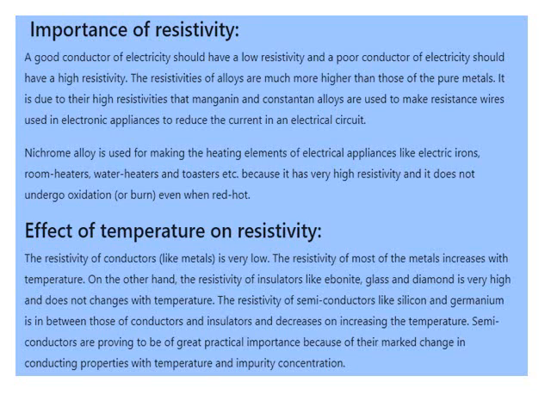Nichrome alloy is used for making the heating elements of electrical appliances like electric irons, room heaters, water heaters, and toasters, because it has very high resistivity and it does not undergo oxidation, that means burn, even when red hot.